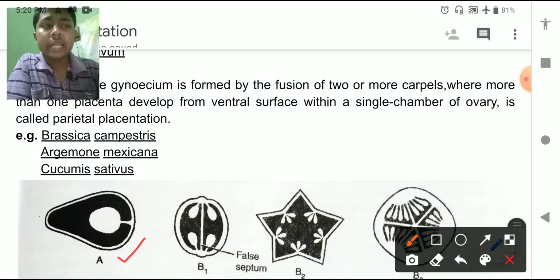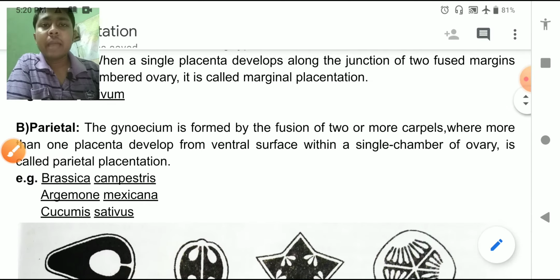Next we talk about parietal placentation. The term parietal comes from the same family of terms as dorsal, ventral and visceral, and is somehow connected with them. Here the gynoecium is formed by the fusion of two or more carpels, which fuse and form a placenta.